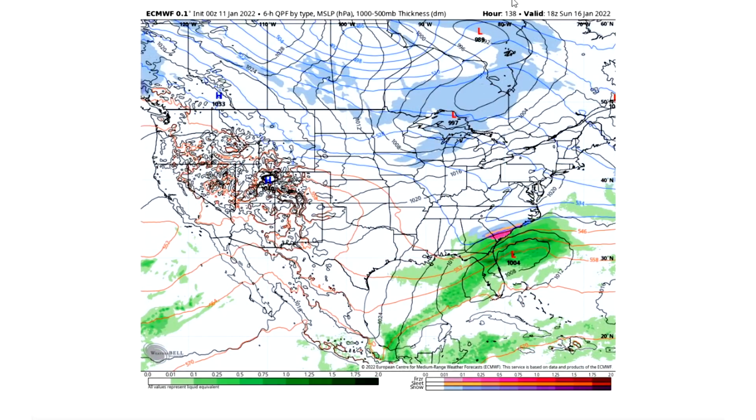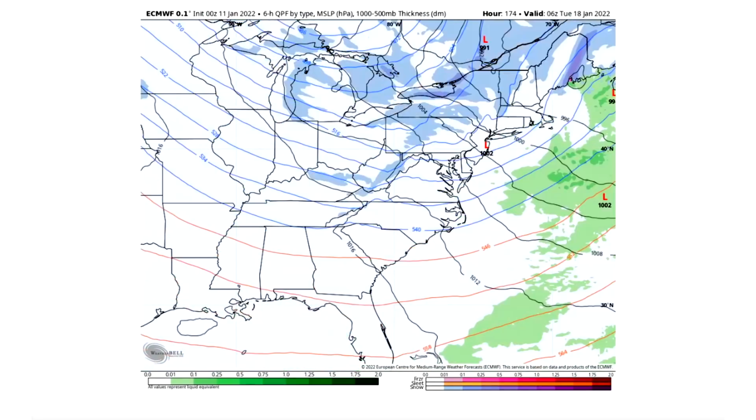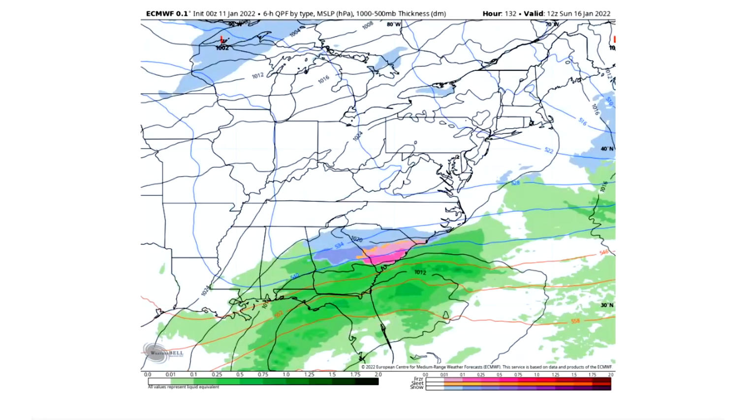Way to the south. Now, the interesting thing to note here is that with this type of solution, and the northern trend we always see with the models, the area I'm eyeballing for the best chance of snowfall with this one is really this region in here. Right in here. Now, I live in southeastern Virginia, as you guys know.